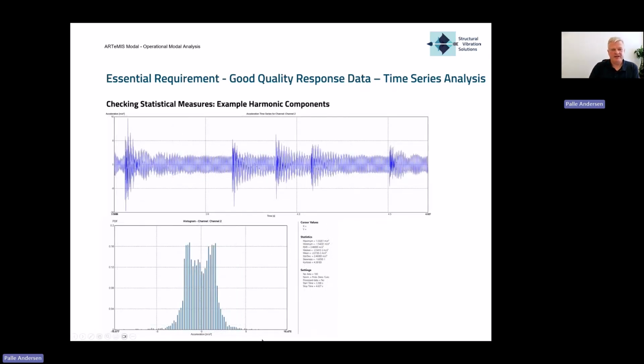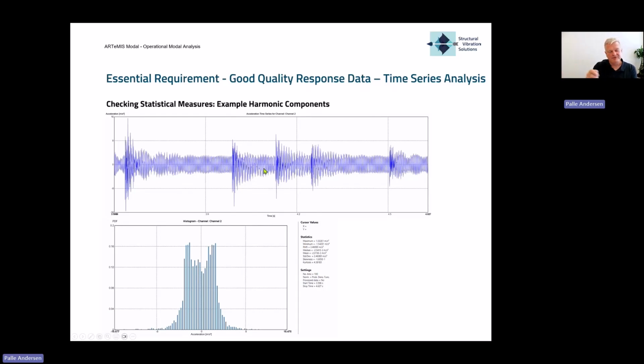The other one is the one that we talked about before, harmonic excitation. This is actually data from the plate I showed, the black plate with the shaker. Here you can see a zoom in on one of the channels. You can really see there's a lot of constant excitation from this sinusoidal excitation.